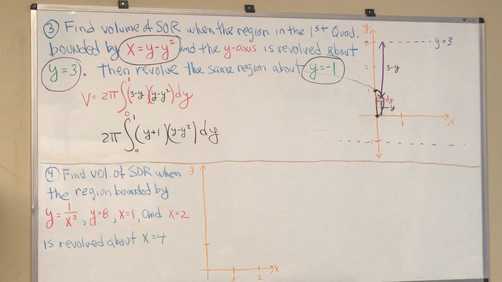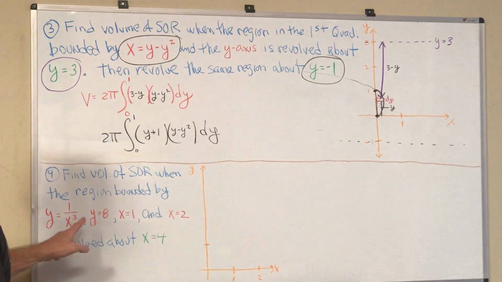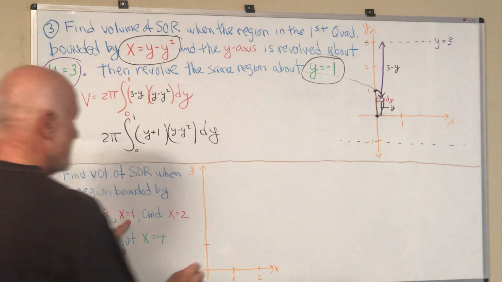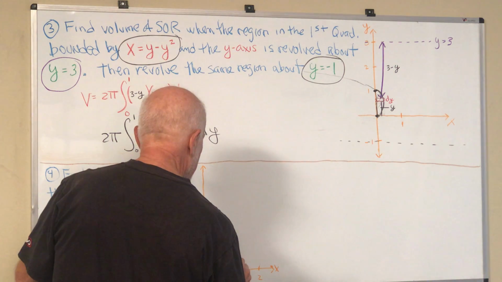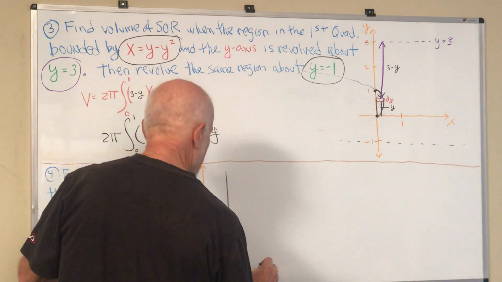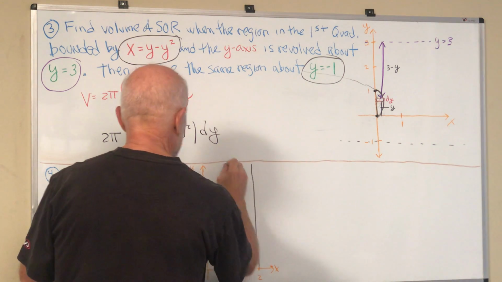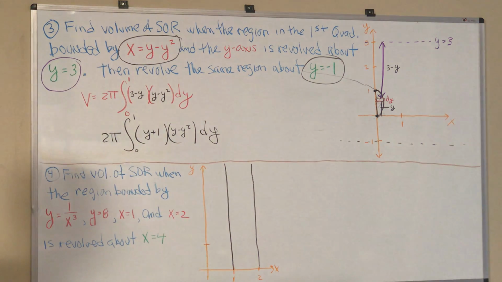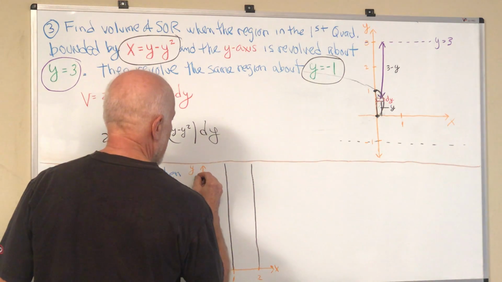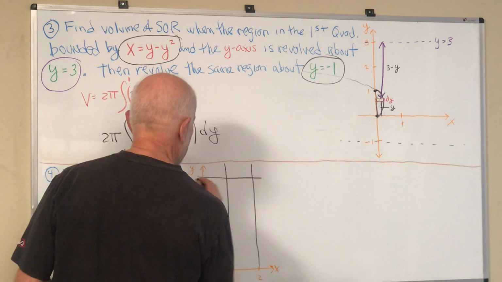So let's just finish off with one here that we could end up doing in both directions, but let's see if there's one way that looks better than the other. So we have x equals 1 and y equals 1 as boundaries. And we have y equals 8 as a boundary.